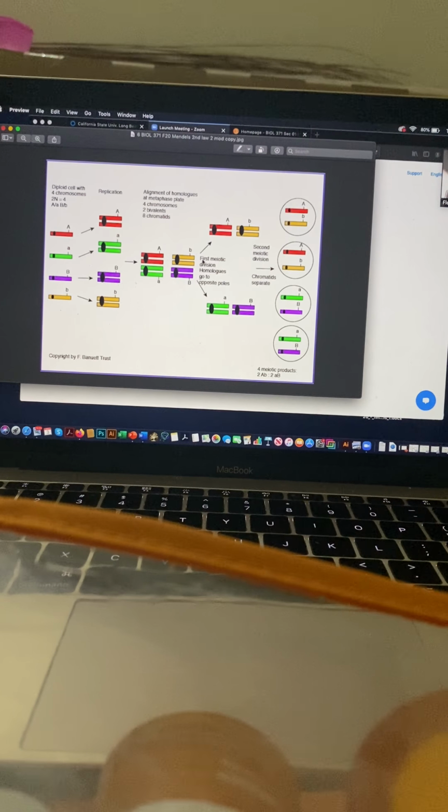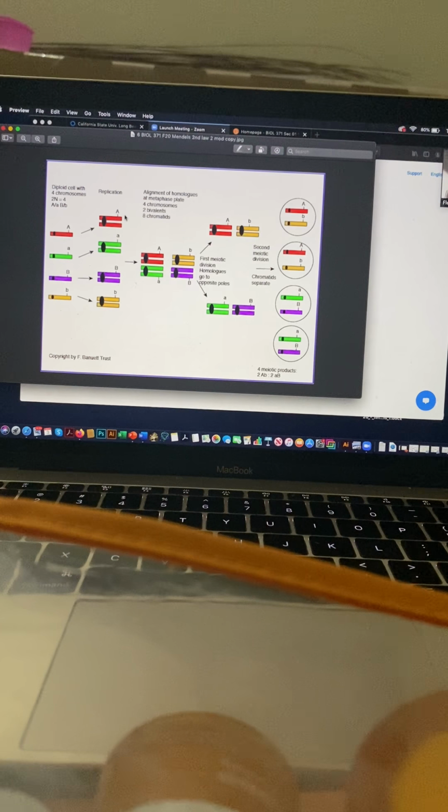So the arrangement of the homologs at the metaphase plate results in shuffling of this information, how, who goes with whom in the final product. Okay, these two slides that I've just shown demonstrate also Mendel's second law, the law of independent segregation.